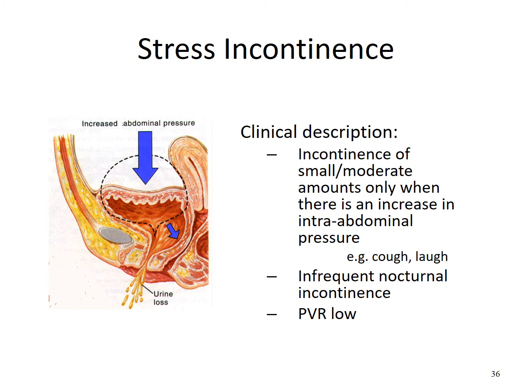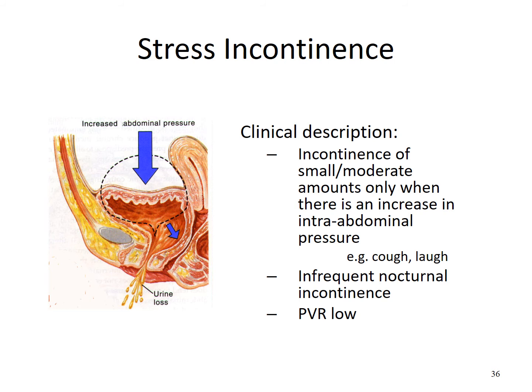There's some damage and stretching to the musculature in the pelvis, so the bladder neck is not supported. You can also see this happens in pregnancy as well, where there's a lot of pressure put on the bladder. In men, if they've had some type of surgery for the prostate, this can damage the bladder neck, and they can also have stress incontinence.